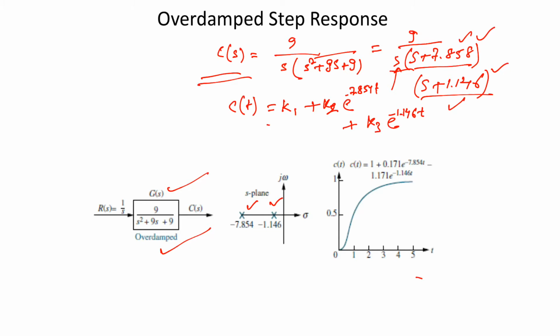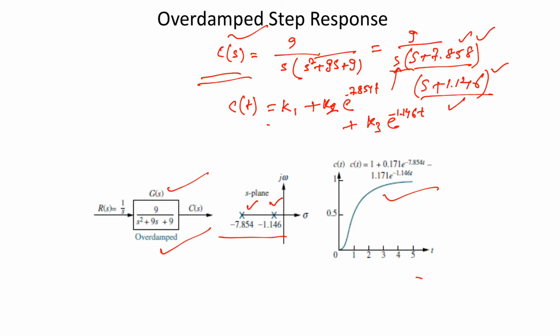So this kind of response is known as the overdamped response. Without going through tedious calculations, by looking at the transfer function of the system for a step input, we can easily see that if we have real poles on the negative axis, then it gives the overdamped step response.